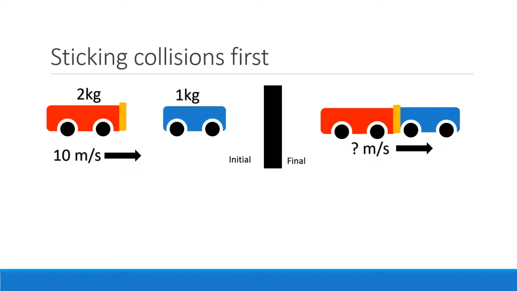We then looked at the total, and we found out that the final speed was slower than the initial speed. Remembering that P initial equals P final, which could be written as m1 v1 plus m2 v2 equals m3 v3 plus m4 v4.